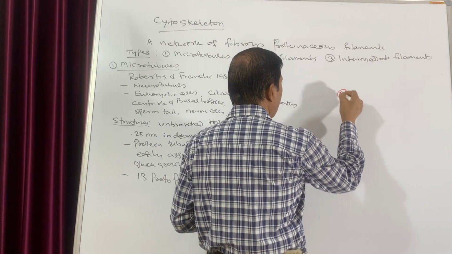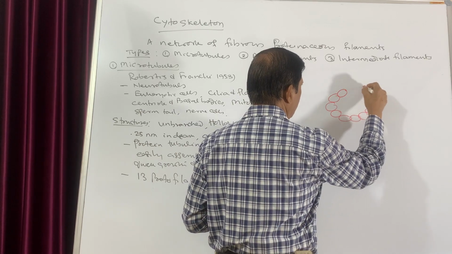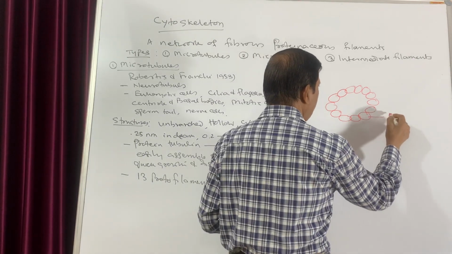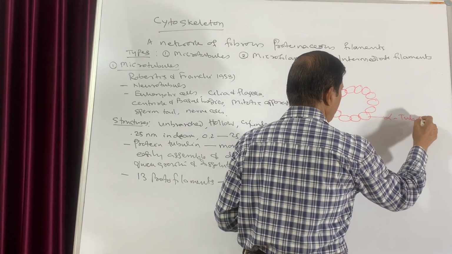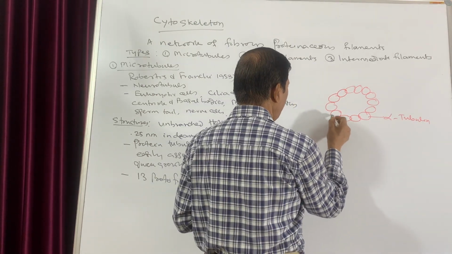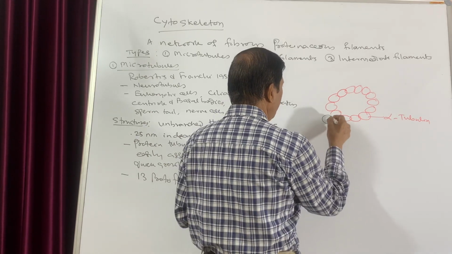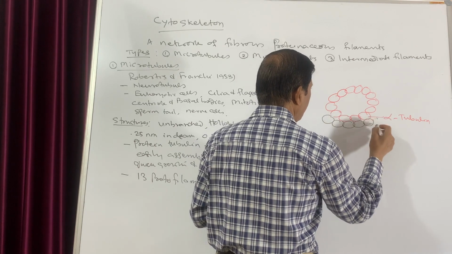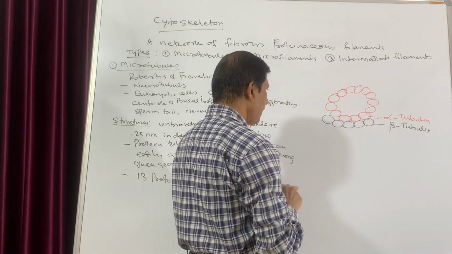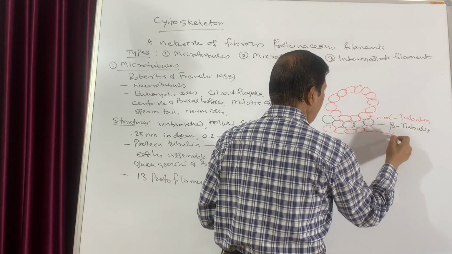Suppose there are 13 protofilaments. Suppose this is alpha tubulin, then the next one will be beta tubulin, then again alpha tubulin, again alpha.